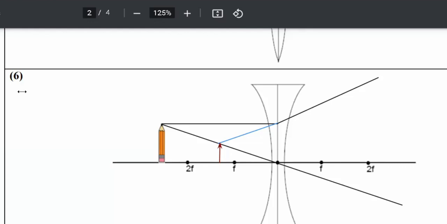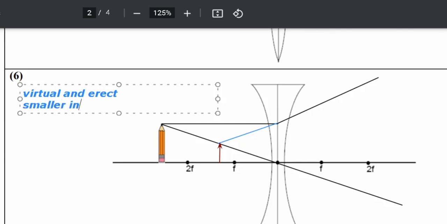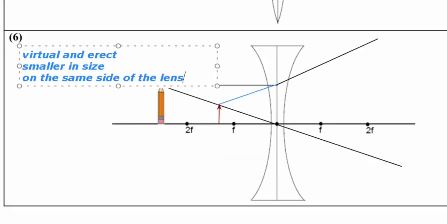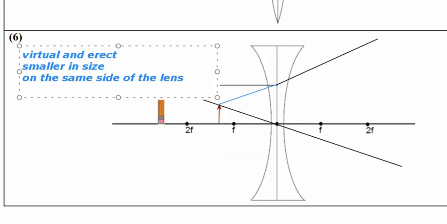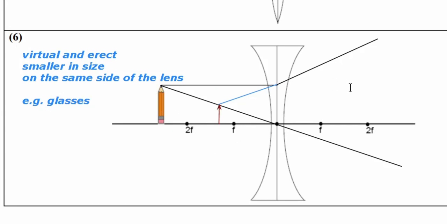Since it is formed on the same side of the lens, it is going to be virtual, which means it cannot be projected on a screen. It's erect, it's not upside down, it's in the perfect position. It is smaller in size, and as I mentioned earlier, again and again, it is on the same side of the lens. Once again, an example is in glasses.